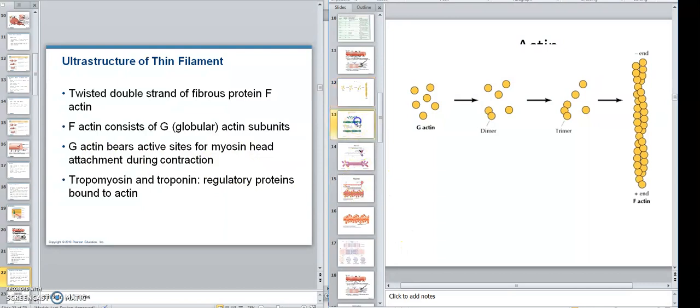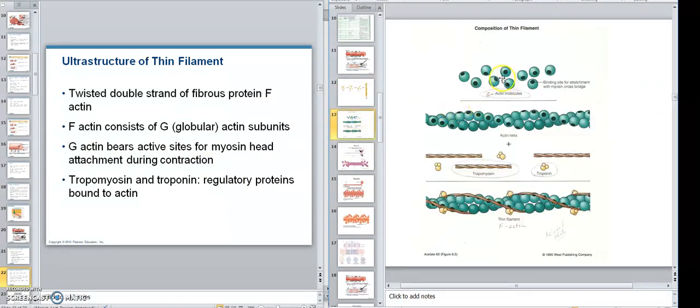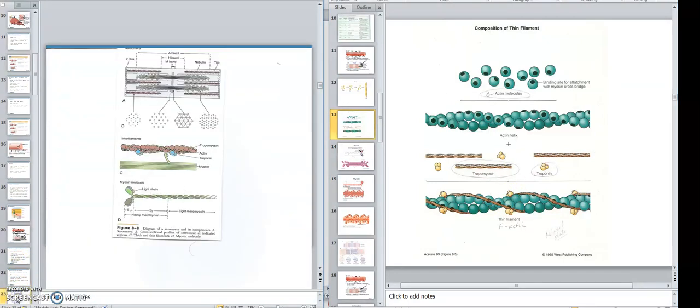On every G actin, there's a myosin binding site. Then we came to tropomyosin, which is this ribbon here, and troponin. The troponin had three components, I, C, and T. The I hooked to actin, the C to calcium when available, and the T to tropomyosin. So this is what we're looking at here.